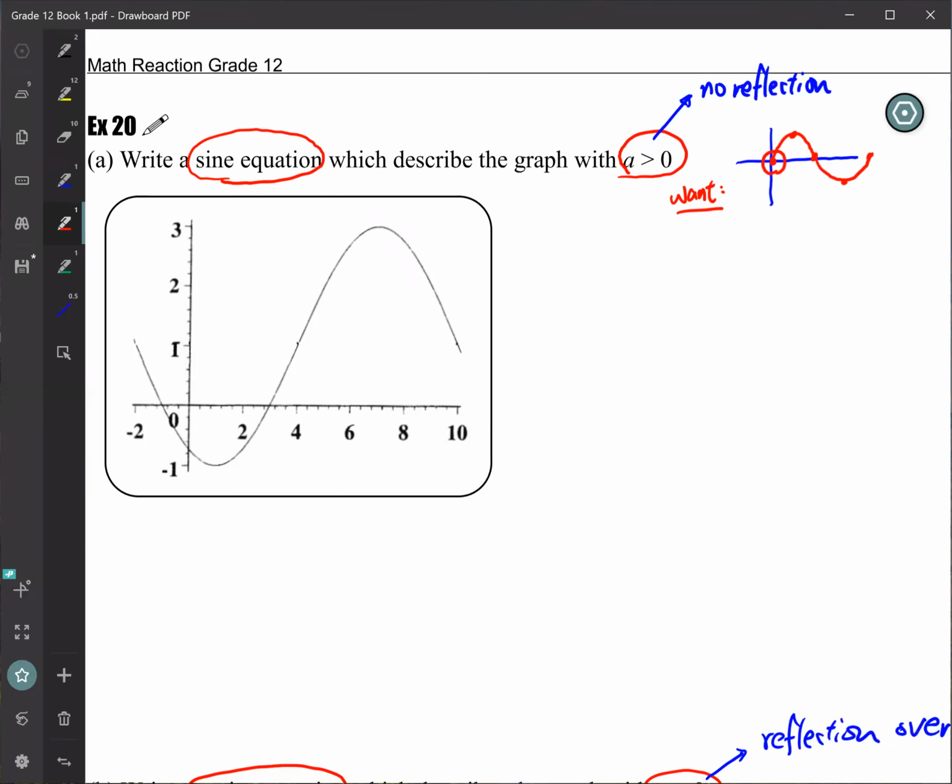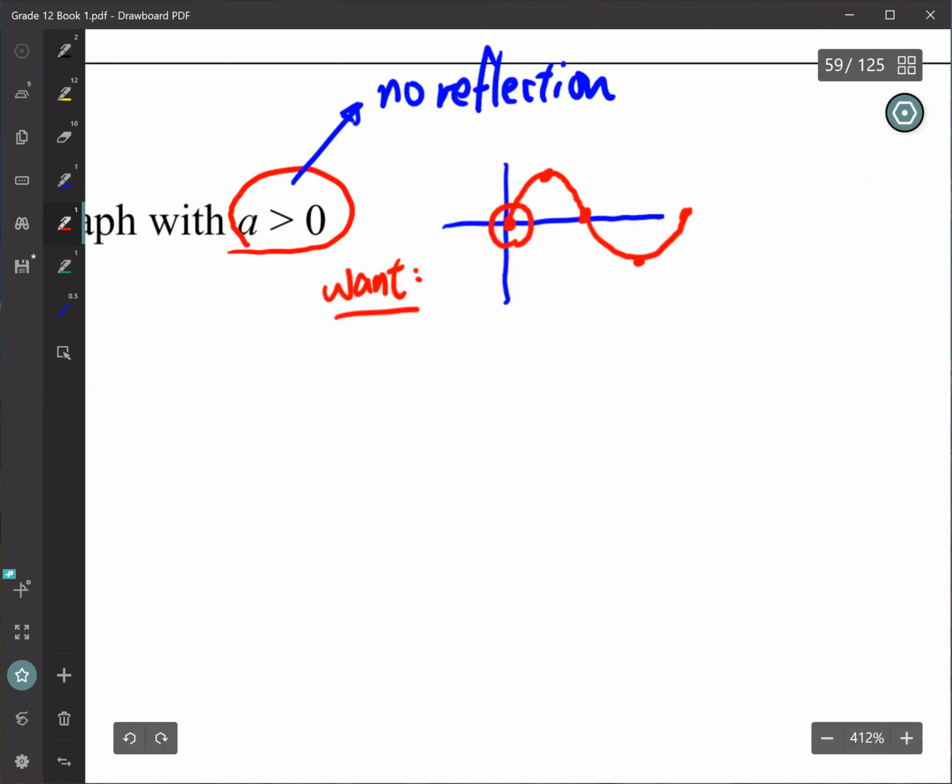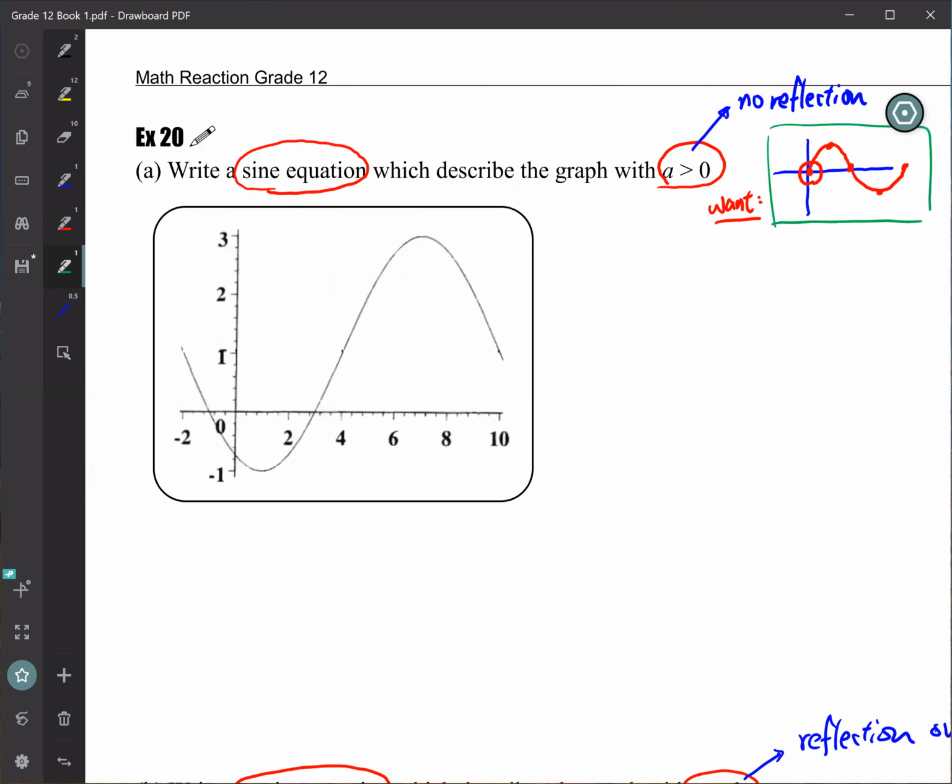Okay, so your first step to start is to search for this picture in the graph that they give you. You want to search for this section, okay? So what you can do is start by drawing the middle line first. Okay, so please do that on your graph. Draw the middle line and then draw the starting point so that it looks like the graph in the green box.